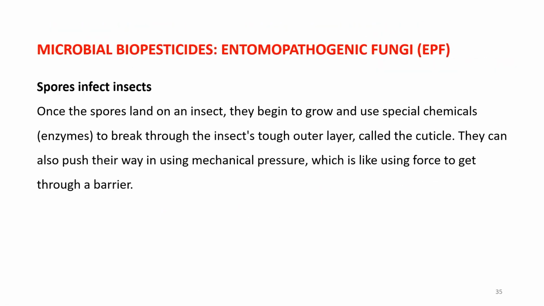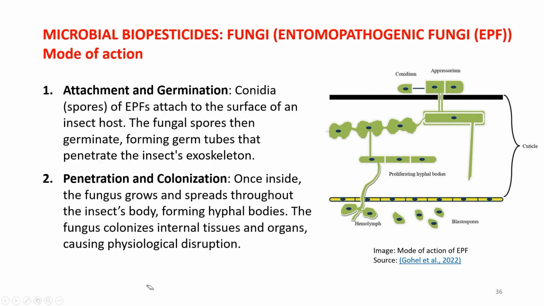Then we have certain spores which infect insects, which are produced by the entomopathogenic fungi. Once the spores land on an insect, they begin to grow and use special chemicals, particularly enzymes, to break through the insect's tough outer layer, the cuticle. They can also push their way in using mechanical pressure, which is like using force to get through a barrier.